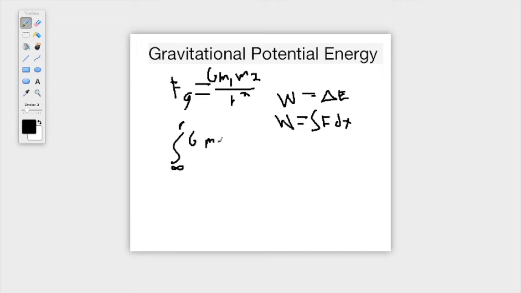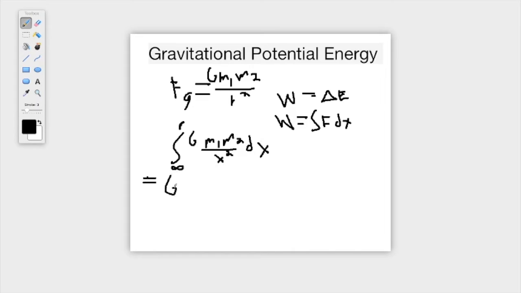we're going to have to choose a different variable when we're integrating. So I'll just use x squared times dx, because this will mess with the bounds and such. So when you're integrating with respect to x, G, m1, and m2 are constants, so we can just take that out.